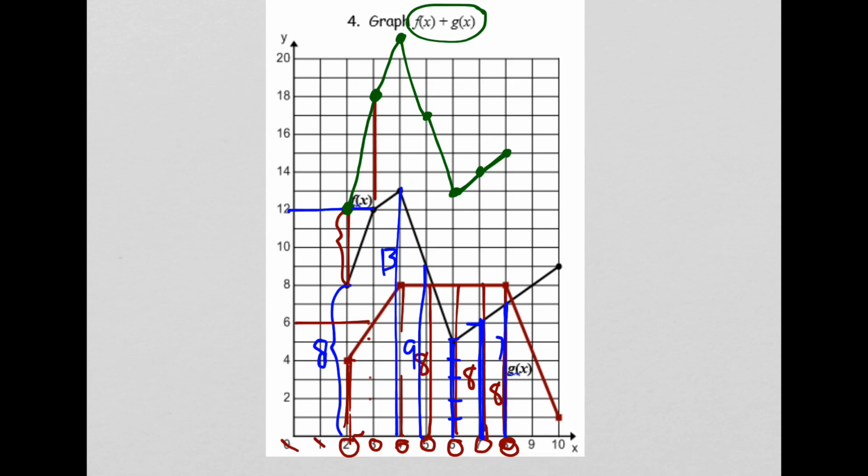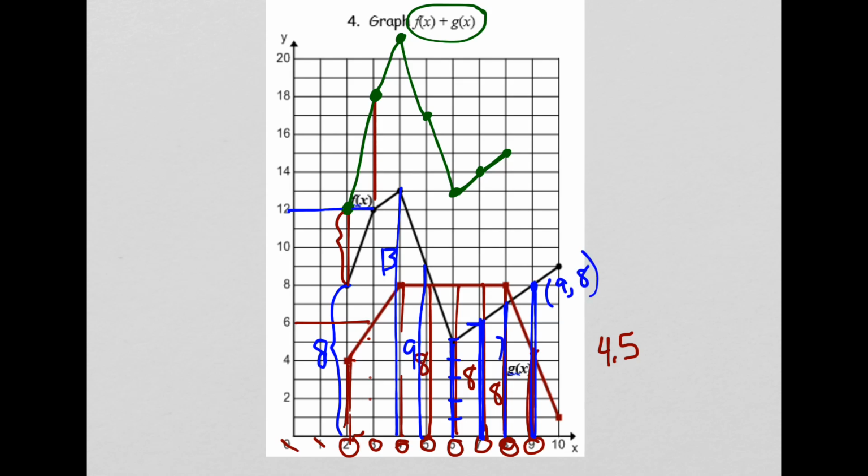And let's do 2 more. We're on 9. When x equals 9, the red one looks like it's dropped. It's 4.5. I'm just going to write that down over here. And the blue one or black one is all the way up to 8. Right? That's 8. If I wanted to, by the way, I could have written that as 9, 8.